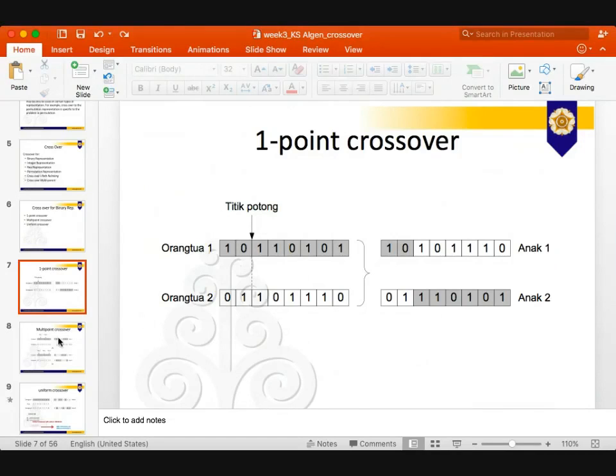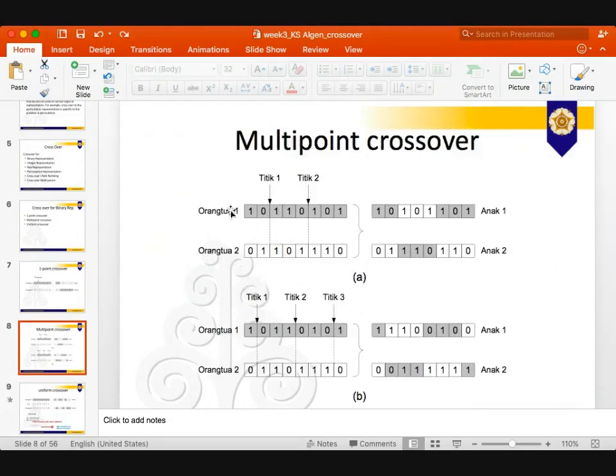Okay, the second method is multi-point crossover. The process is similar to the 1-point crossover. In the multi-point crossover, we define 2 crossover points instead of only 1, the first one and the second one.